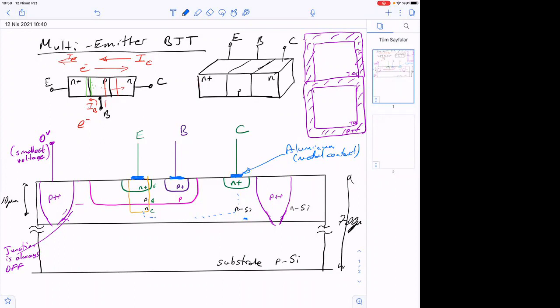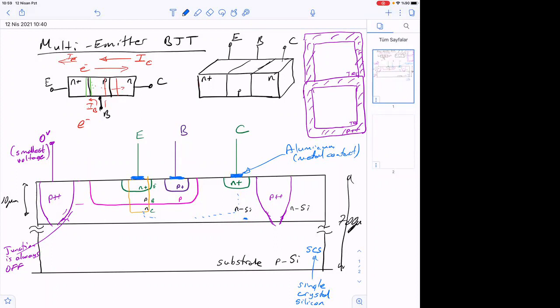This is typically the substrate. The substrate is what we call single crystal silicon. Single crystal silicon.